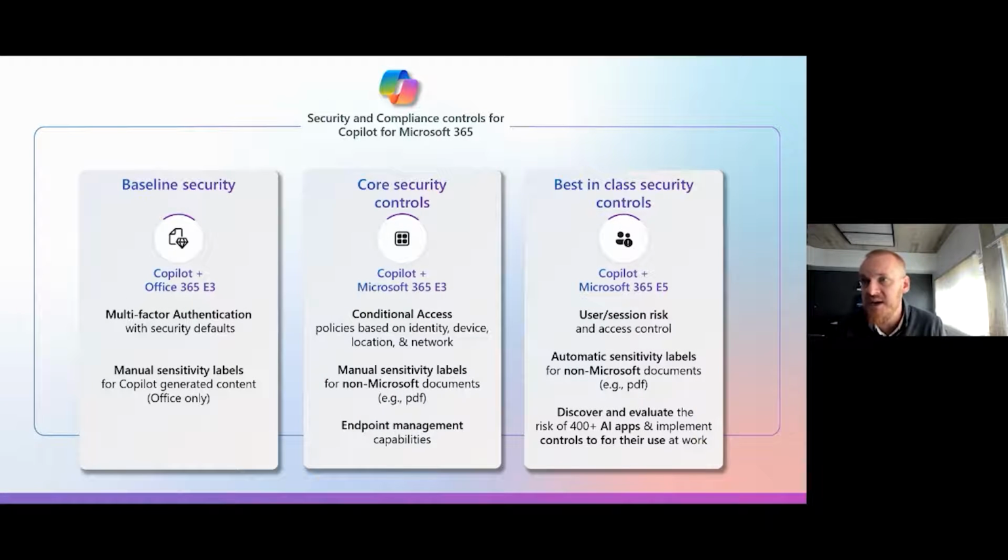And as you can see here, the same is true across the more enterprise-y SKUs, moving from Office 365 E3 to M365 E3 and E5. E5 adds some really great capabilities around automatic sensitivity labels and app discovery. So there's a lot of capability in the Microsoft stack, and Copilot leverages all of those things.